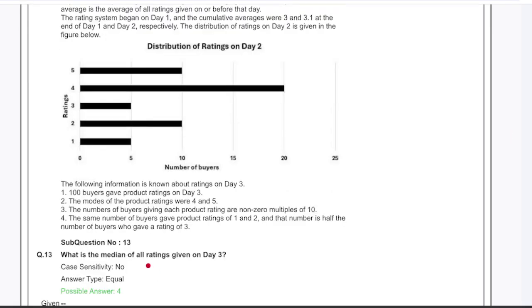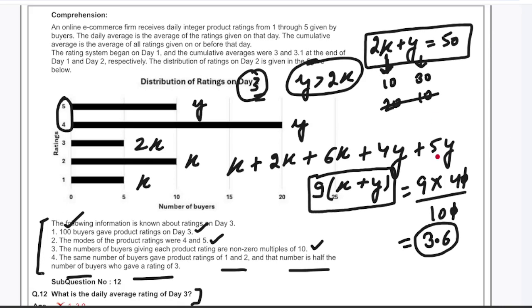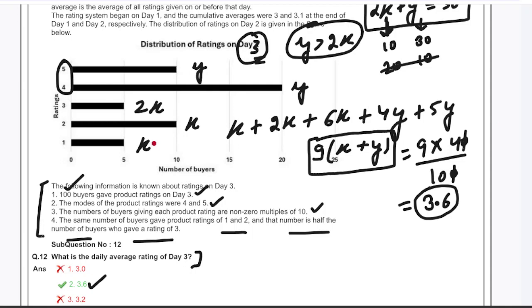Now, what is the median of all the ratings given on day 3? On day 3, we have already seen in the last question that, because x is 10, 10 people are giving a rating of 1, 10 people are giving a rating of 2, and 20 people are giving a rating of 3, and this is 30 and 30.